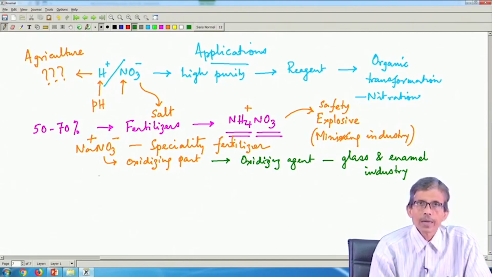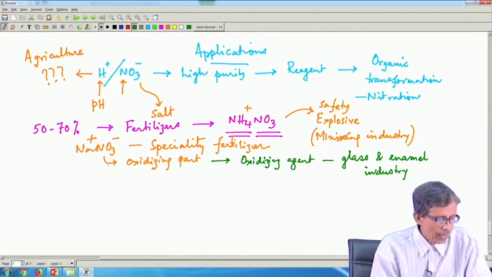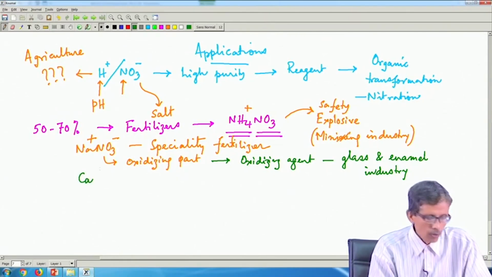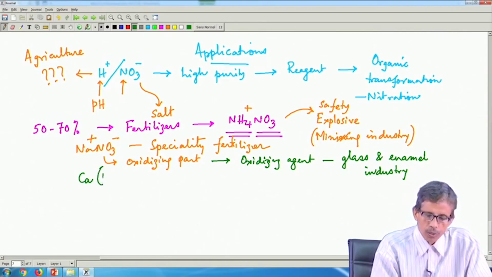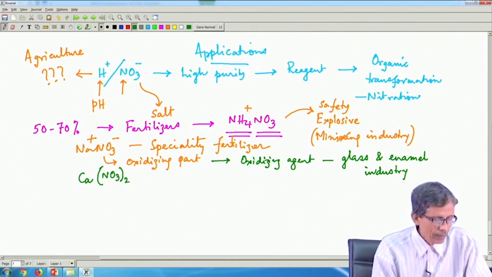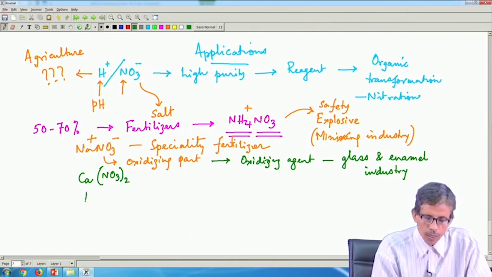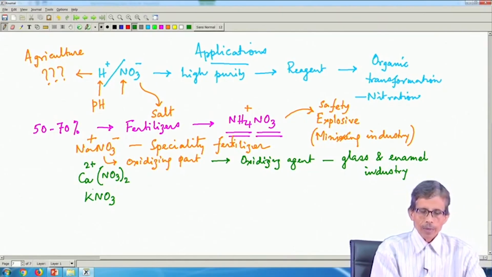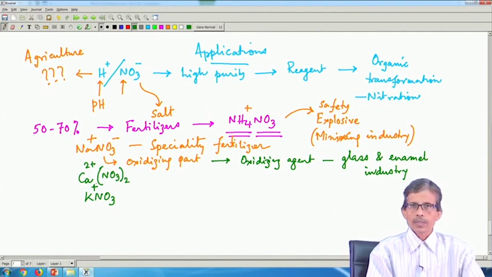Similarly, we can also make some other salts like the corresponding calcium salts, because calcium also is a typical requirement for the soil. So, we can utilize it as the corresponding calcium nitrate salt or make the corresponding potassium nitrate salt, because we are changing from ammonium ion to sodium ion, and sodium ion to calcium ion to potassium ion.